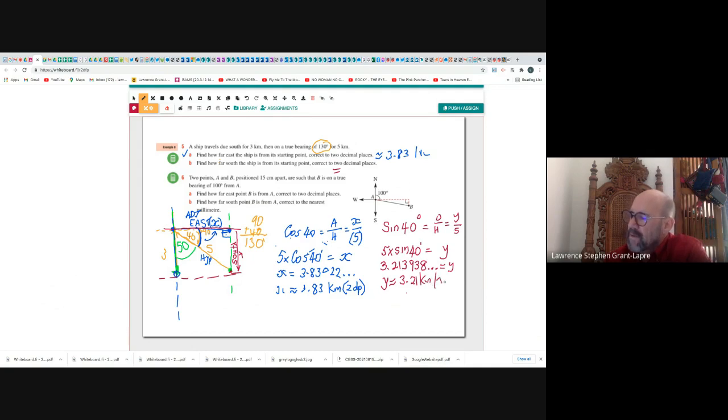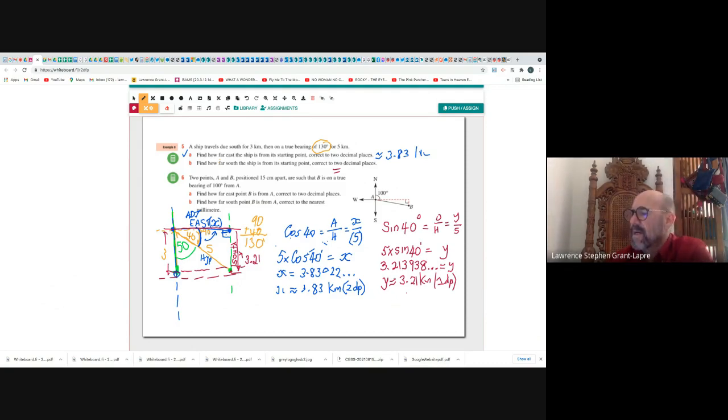That's not the answer to that question. The question wants how far south from our starting point. So now let's have a look. We travelled north for 3 kilometers. Then we travelled south for 3.21 kilometers. So we will end up below our starting point. We travelled south by an extra 0.21.